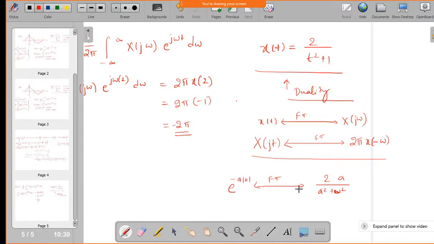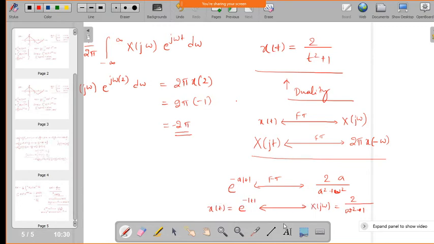Now if we have x of t equal to e power minus magnitude of t, then x of j omega is equal to 2 by omega square plus 1. This is the result when a equals 1. Now from the duality property, we exchange t with omega and omega with t.